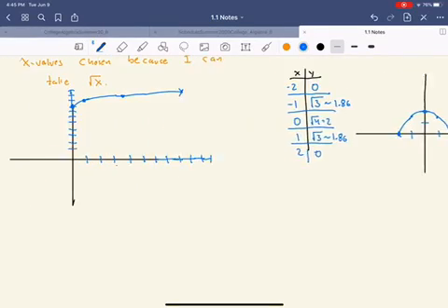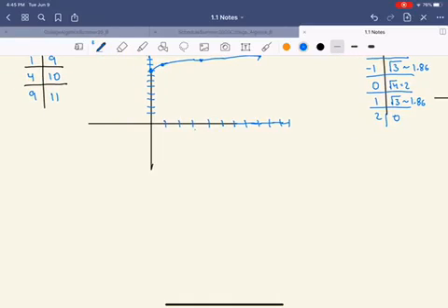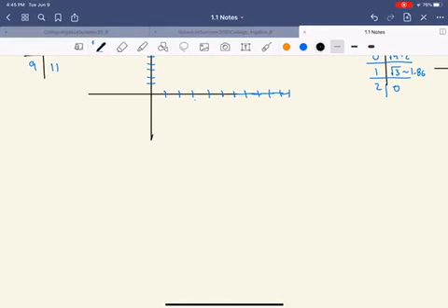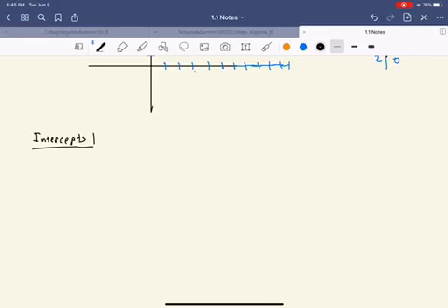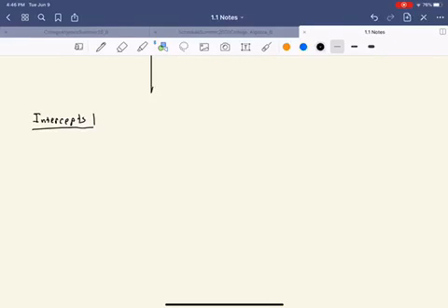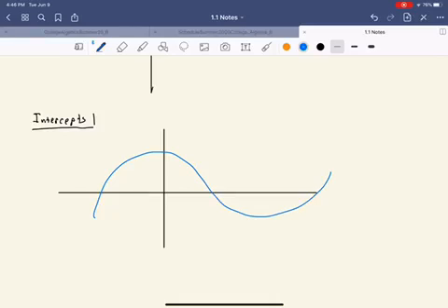Next thing we're going to learn about is intercepts. So let's say we have some equation, so some graph representing an equation. Let's even make it really crazy.